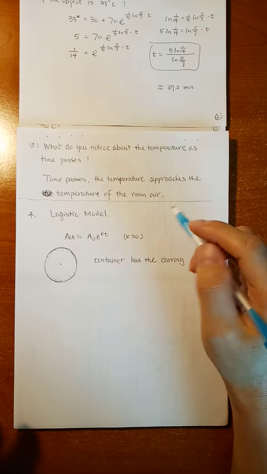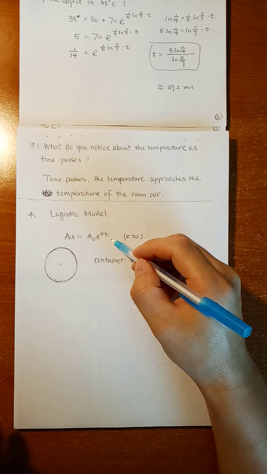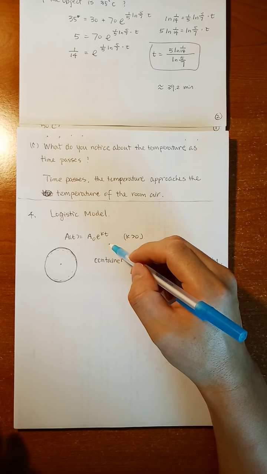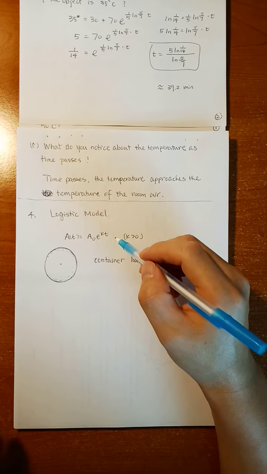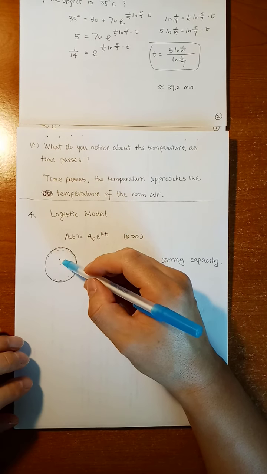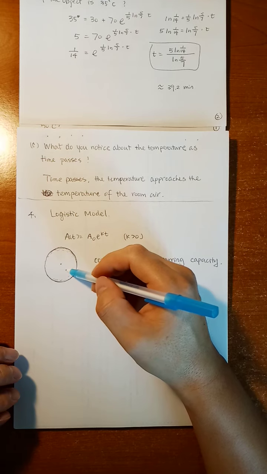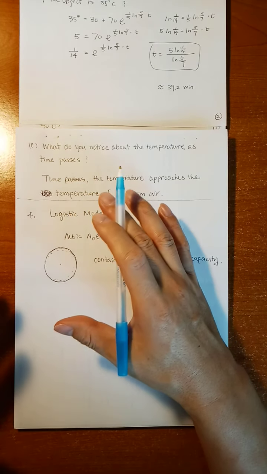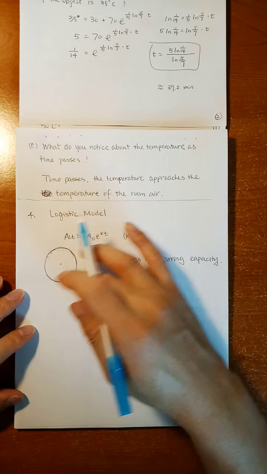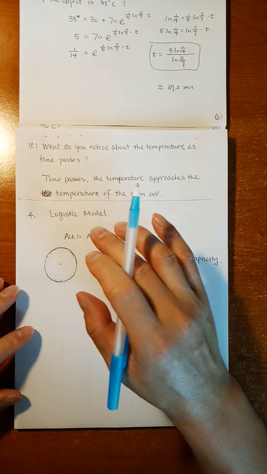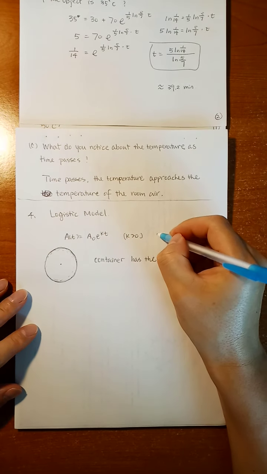Okay, so the uninhibited growth model can only tell you the number of bacteria in the early stage, when you don't need to consider this carrying capacity.